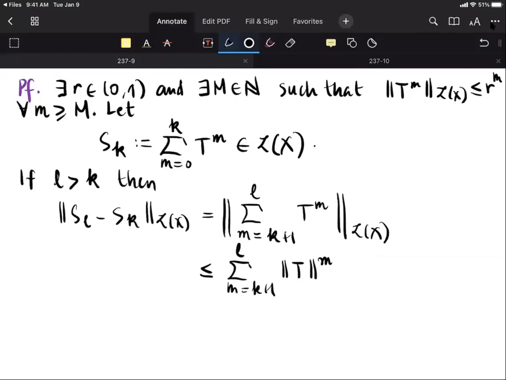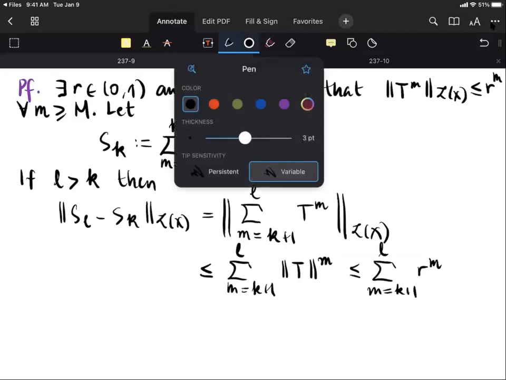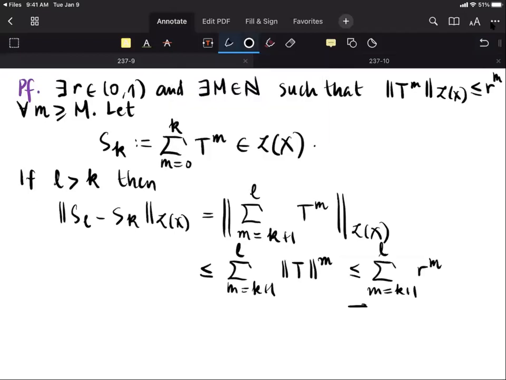And this is less than or equal to, according to the first statement, r to the n. And this, of course, tends to 0 as L and K tend to infinity.